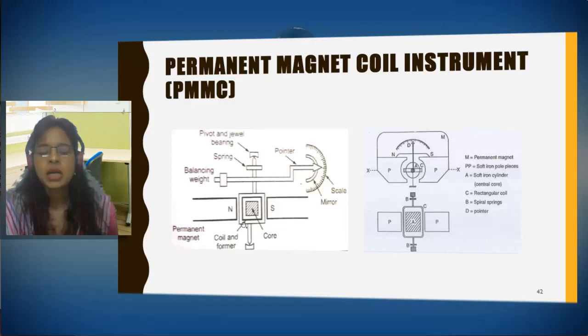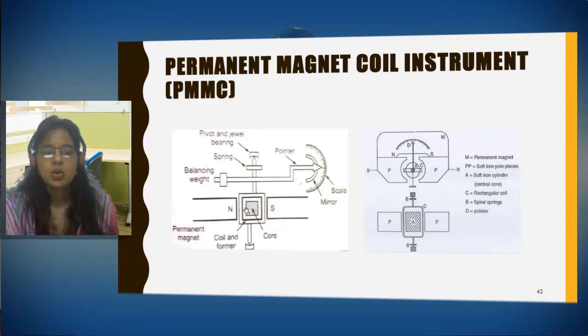So whenever a current carrying coil is placed in a magnetic field, the coil experiences a force, right? Once the coil experiences a force, it will start rotating. With the coil, the spindle is connected.